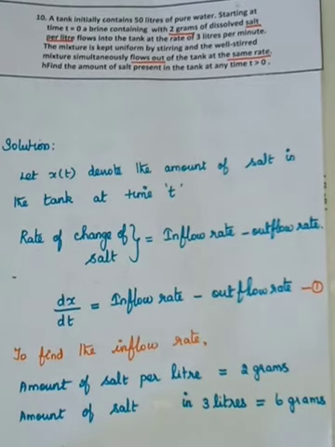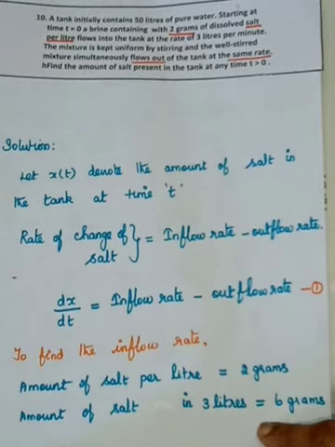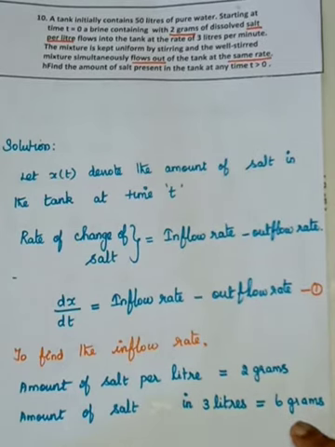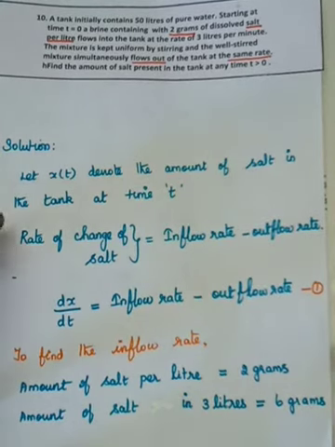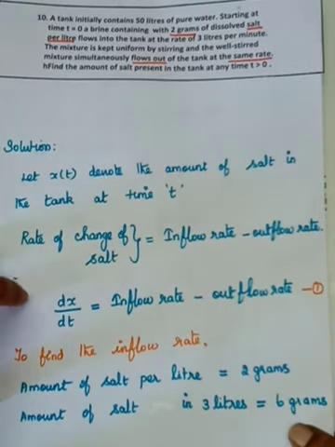So 6 grams of salt flows into the tank per minute. Salt alone we are seeing. So per minute 6 grams of salt along with the brine is flowing into the tank. So the inflow rate of salt is 6 grams per minute.